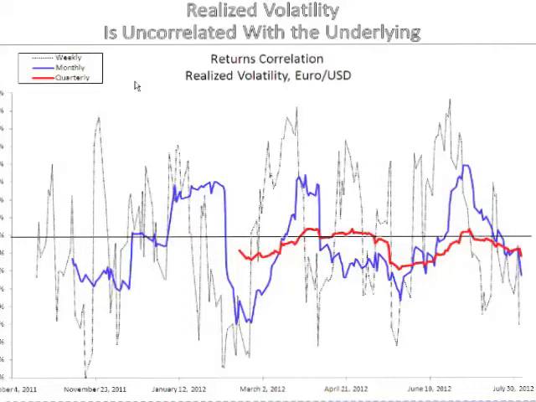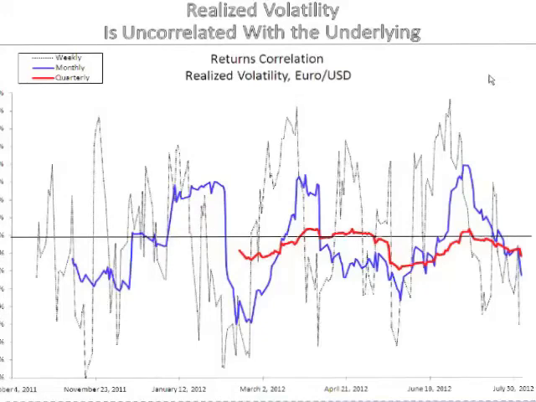And as you can see here, it's actually very, very volatile. There are huge movements in the correlation between returns. That is, the correlation between betting on the euro dollar and betting on realized volatility over time. In the long run, it goes to 0. However, over the short run, it's incredibly erratic, going from 80% to minus 70%.